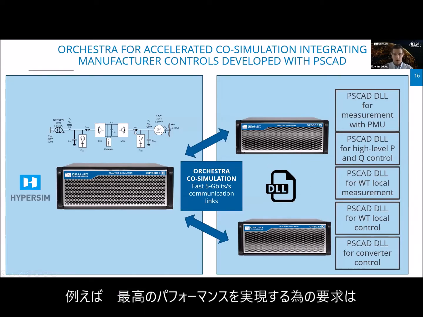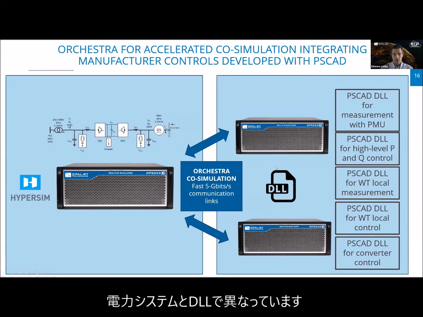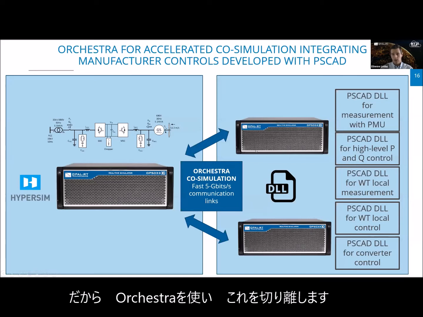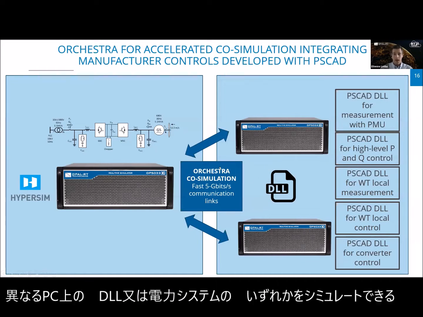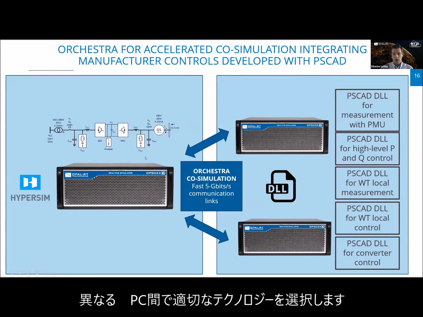The power system, for instance, does not have the same requirements as the DLLs to achieve the best performance. So decoupling this using Orchestra, with this fast 5 gigabit per second communication link, allows us to choose the right technology to simulate either the DLLs or the power system on different PCs.